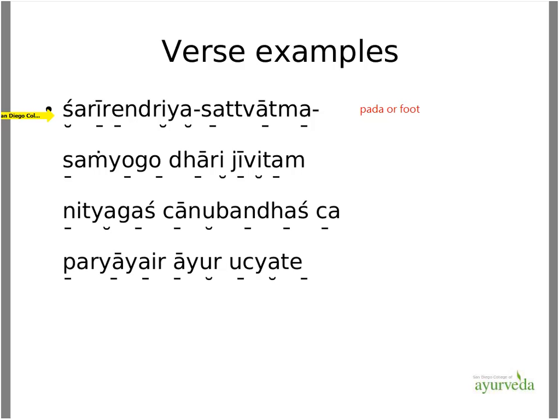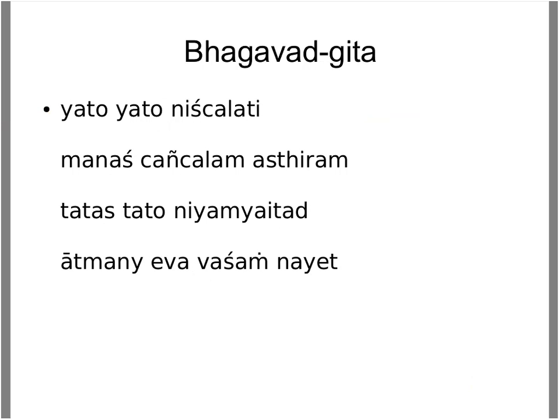All right, let's look at another example. Now here's another verse. This is shloka meter from Bhagavad Gita. Yato yato nishchalati manashchanchalamastiram tatastato niyamyaetad atmanyeva vasham nayet. I did not put the scansion markings in on this one, but you can hear the flow.